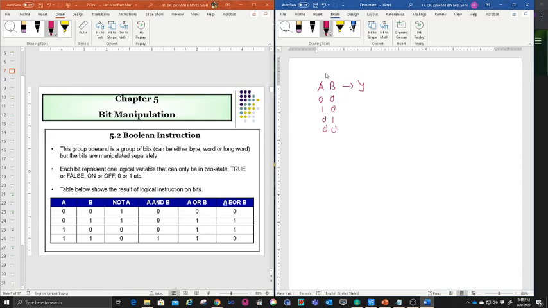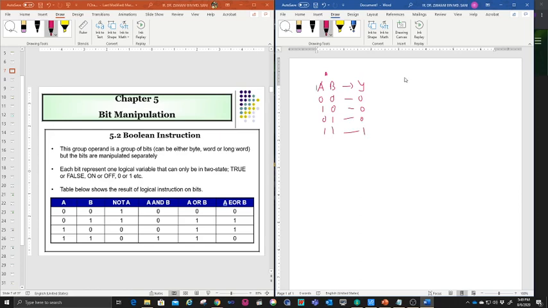For the AND operation, 0 and 0 will be 0, 0 and 1 will be 0, 1 and 0 will be 0, and 1 and 1 will be 1. Sorry, this is 1.